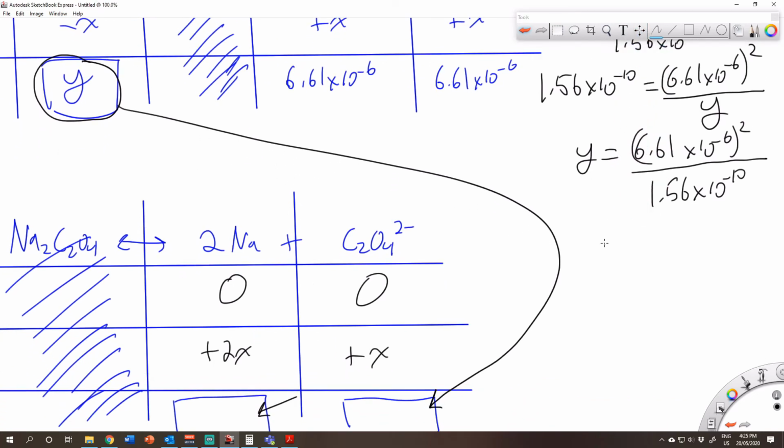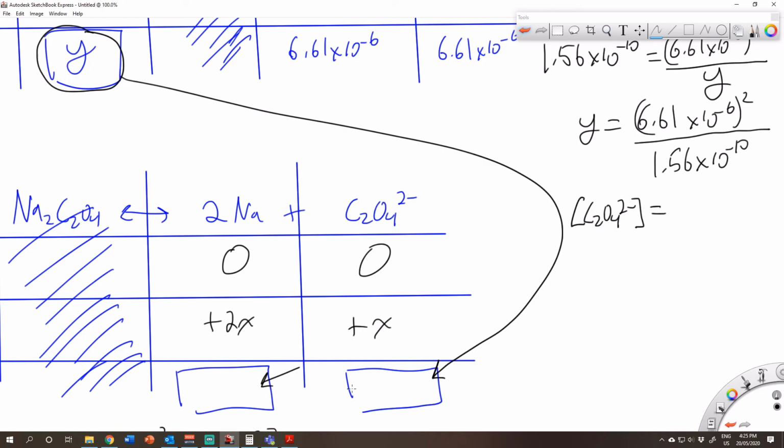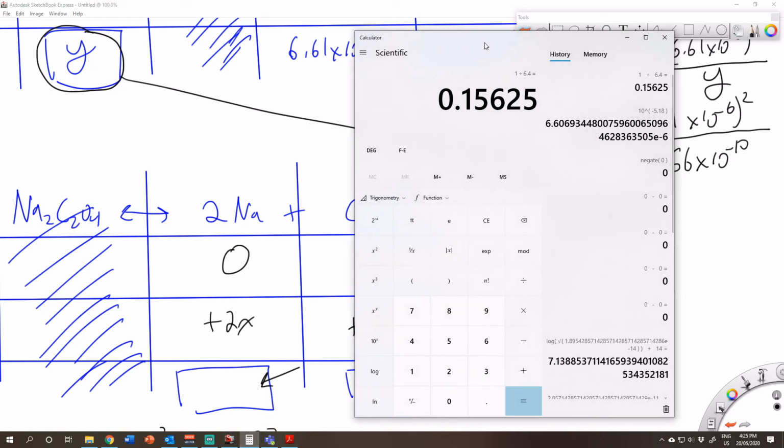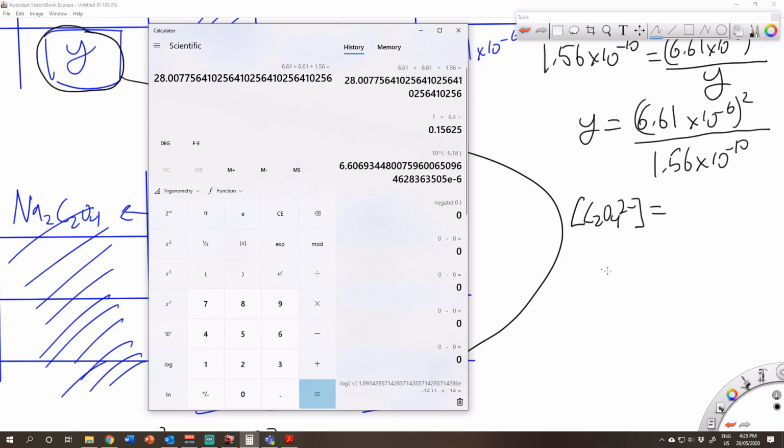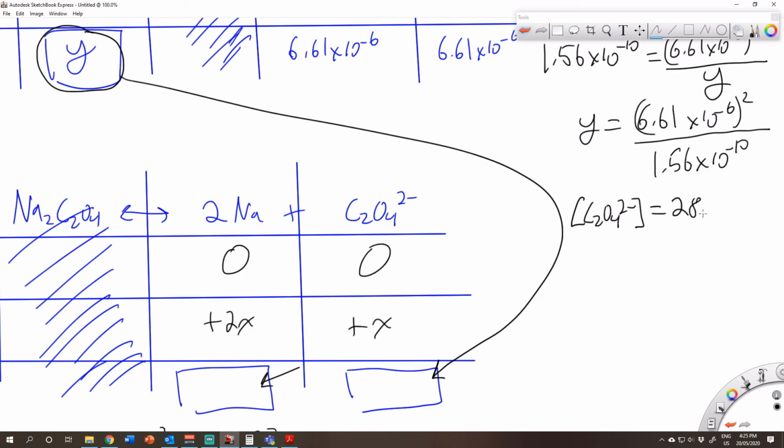Now, throwing that into our calculator, 6.61 times 6.61 divided by 1.56, the first part will be 28.0, and then the exponent will be times 10 to the 2 times negative 6, negative 12, minus negative 10, so negative 2.